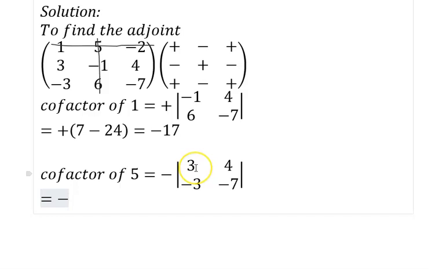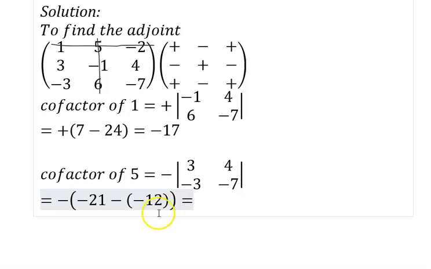So 3 times minus 7 will give us minus 21. Then minus the normal minus that used to be there, minus 3 times 4 will give us what? Minus 12. Beautiful. So having done that, let's see what we have.